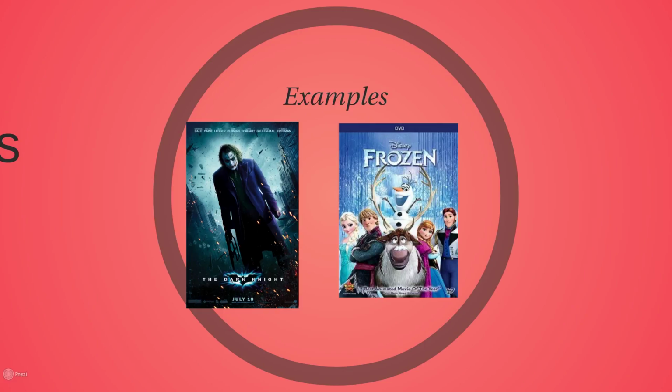In The Dark Knight, you also have Harvey Dent, and he has a person versus self conflict as well. Frozen. Queen Elsa has a person versus self. She has this power that causes fear in her kingdom. So she is trying to overcome that struggle. All these are happening within themselves. Okay?